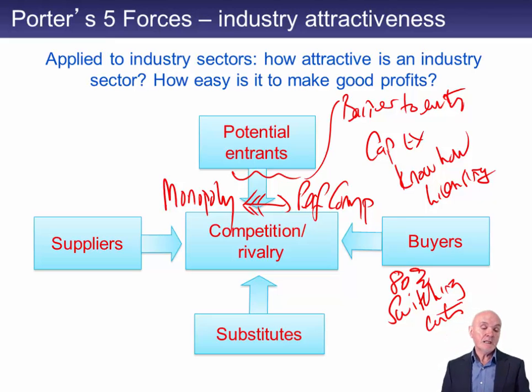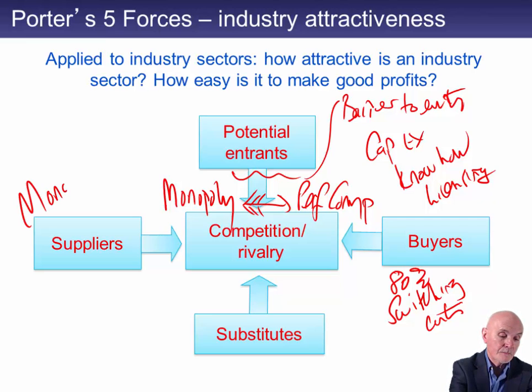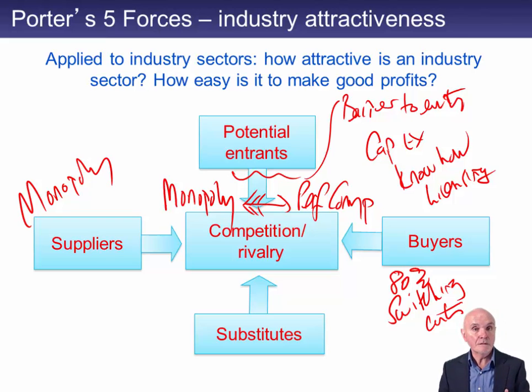On the other side, you have suppliers, and again, your nightmare really is a monopoly supplier of a unique component. If this supplier says, I'm going to double the price, you're kind of stuck with it. What you want to try to do is to reduce your dependence on a monopoly supplier. Maybe try to find another one.